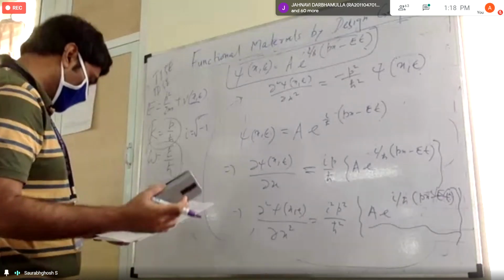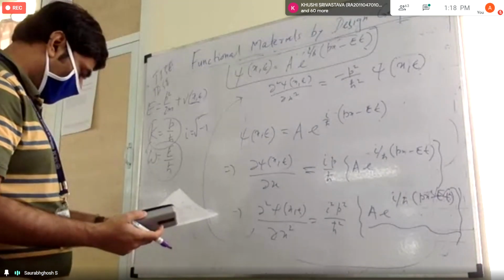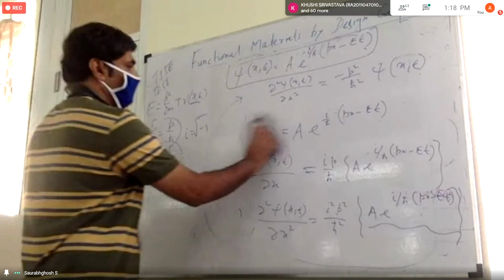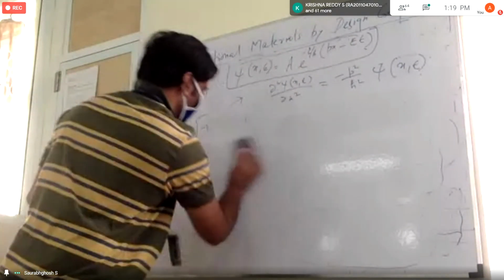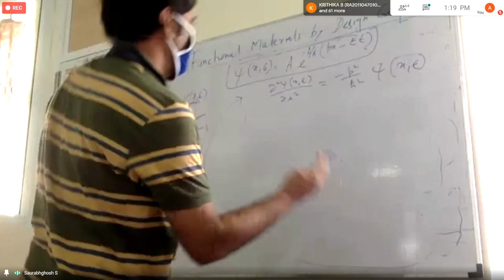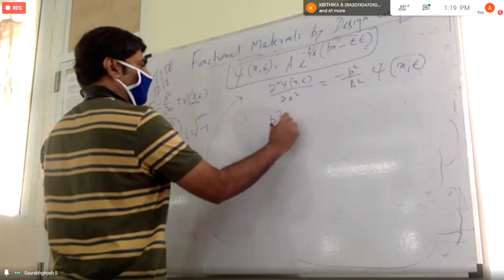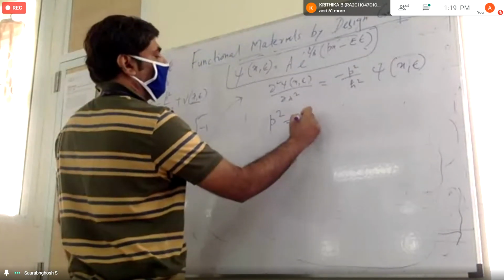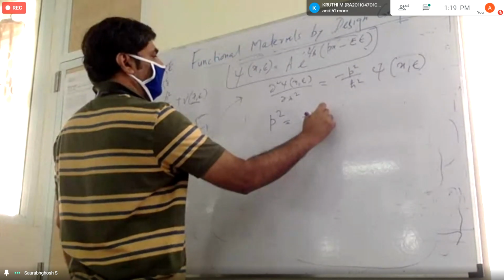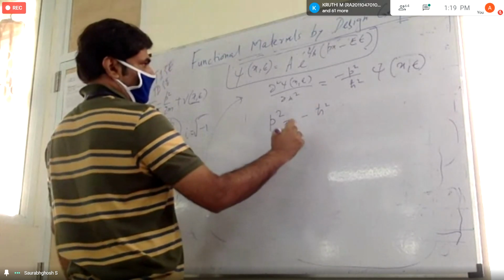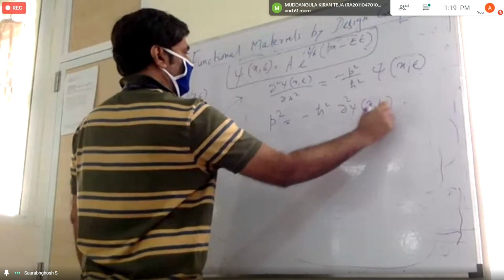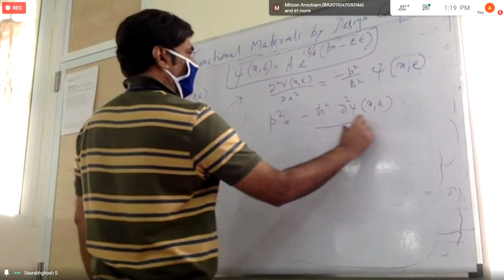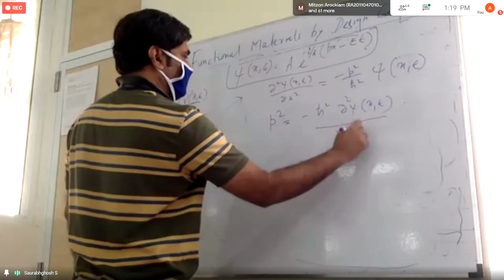So from here we found out what p is. Your p square is equal to minus h cut square del square psi(x,t) by del x square, divided by psi of x,t.